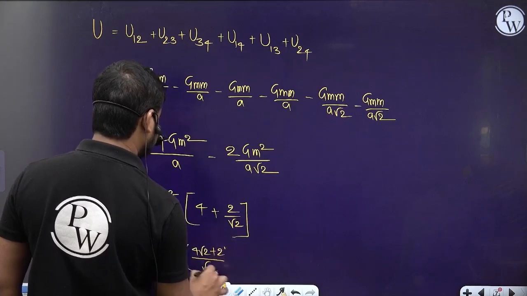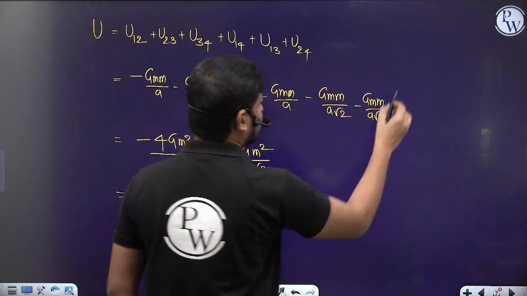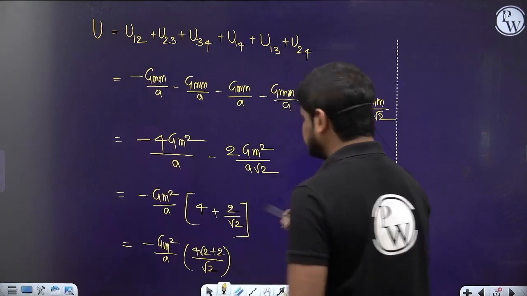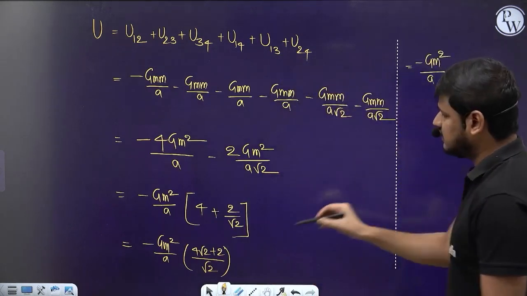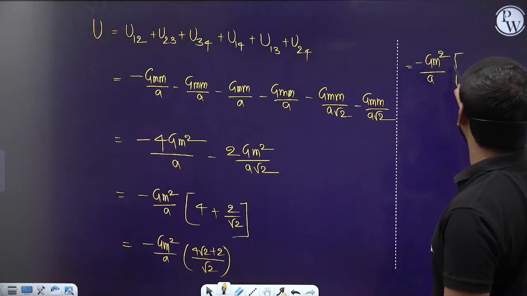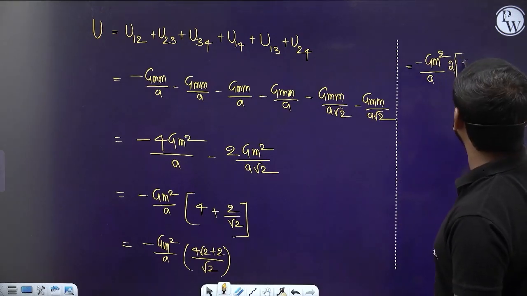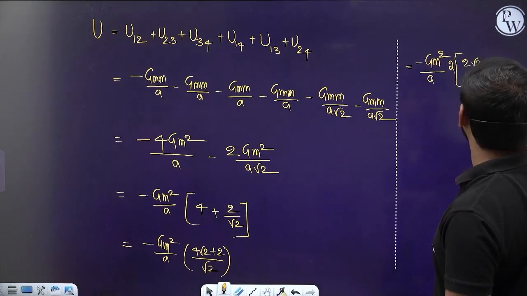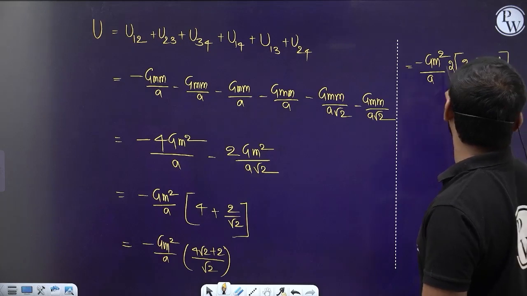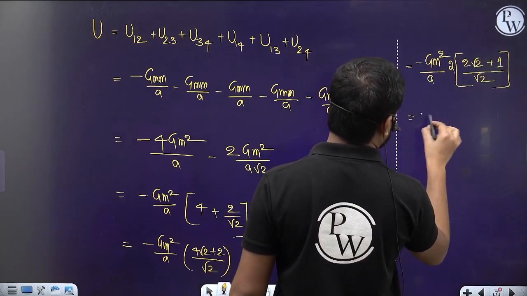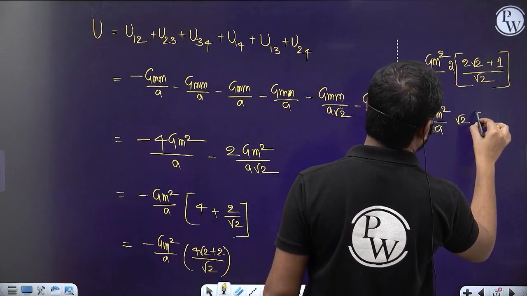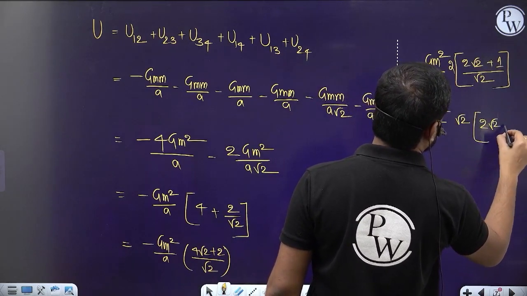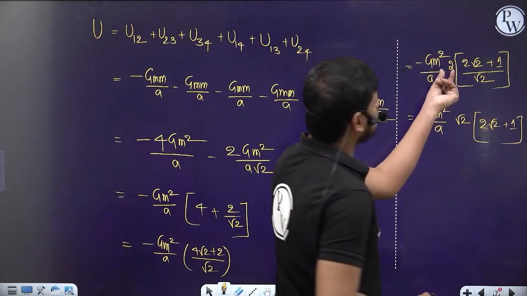So what we can do is take 2 common in the numerator. Let's do the simple maths here. Minus G m square by A, you can take 2 out in the numerator, so it will be 2 root 2 plus 1 by root 2. So I can cancel 1 root 2 here, because I am writing this 2 as root 2 into root 2.